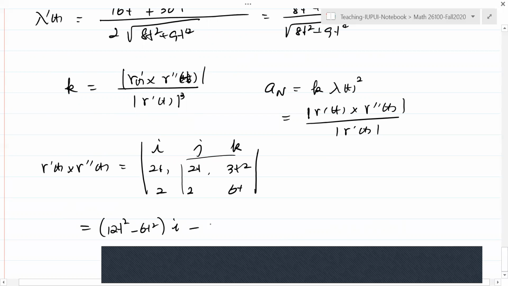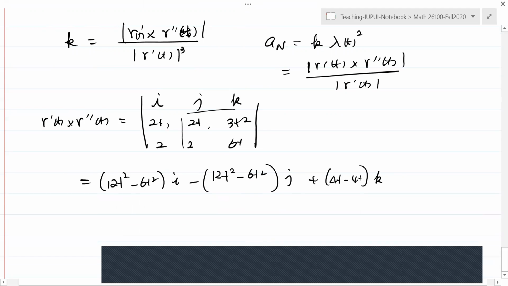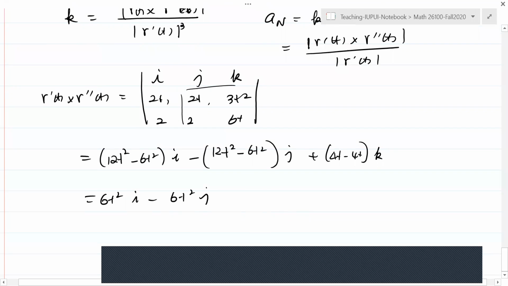So it's i minus, then 12t squared minus 6t squared, that's j. And this part will be 0, I think, 4t minus 4t, k. So this part is 0. What I get is 6t squared i minus 6t squared j. All right, so that's it.